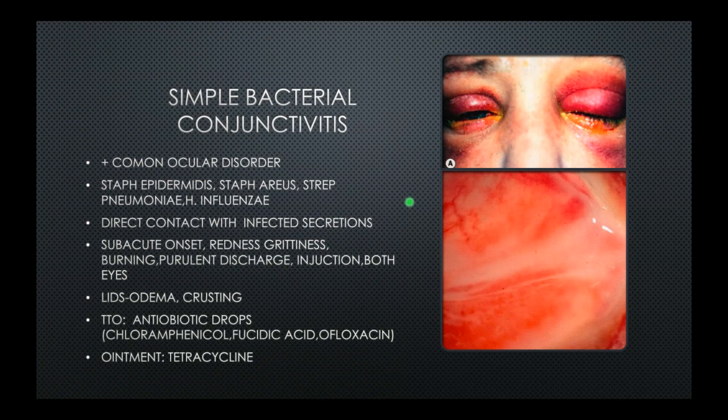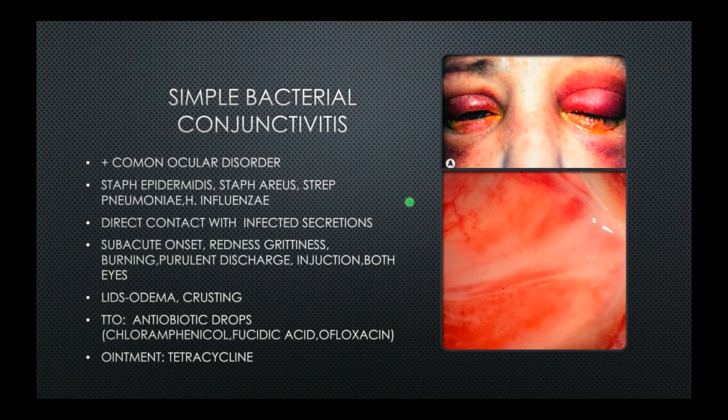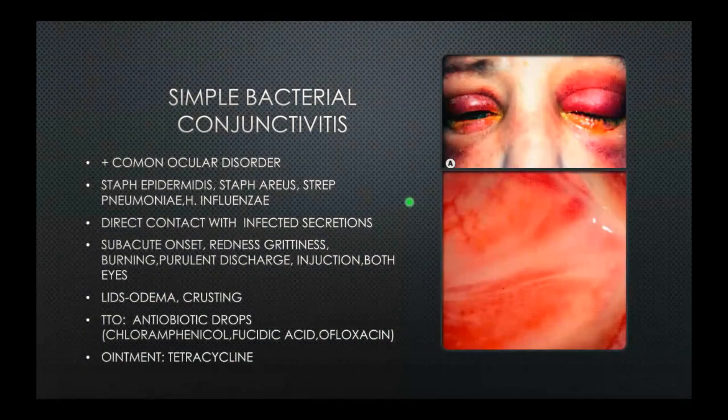So what happens is the patient will have direct contact with infected secretions and then touch the eye. All right, so then they start to have the symptoms of redness, grittiness, burning. They will have a discharge which will be purulent in nature, and they'll have conjunctival injection, and it usually can involve both eyes. It doesn't mean that it needs to be symmetrical in both eyes, but usually both eyes are involved, okay?